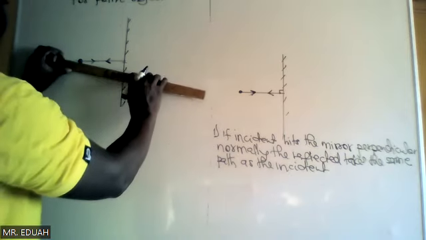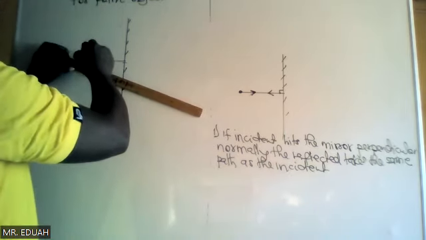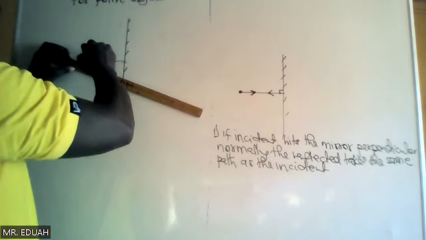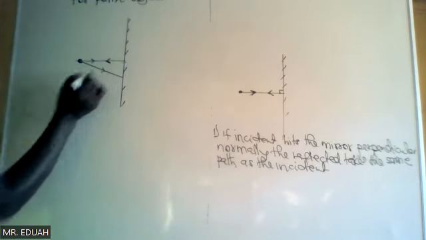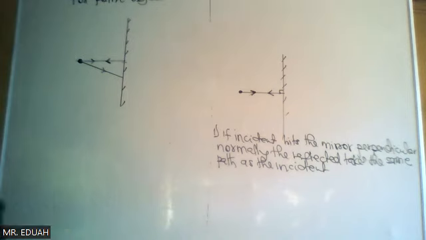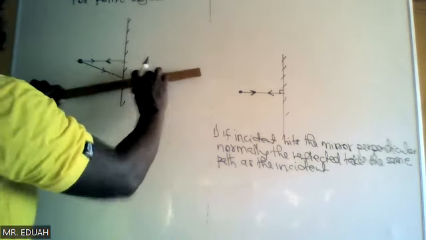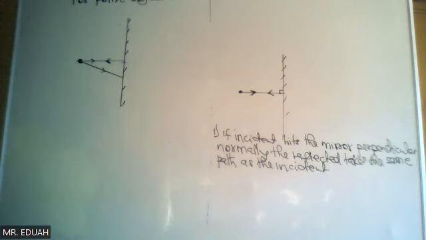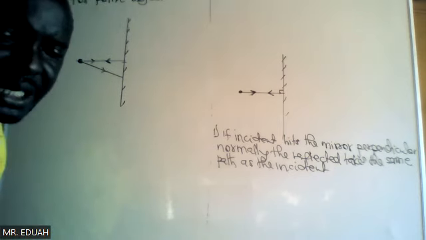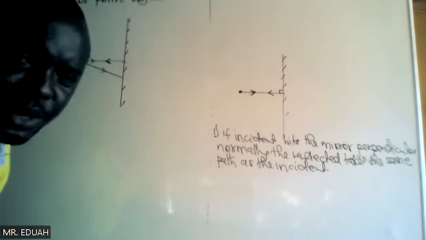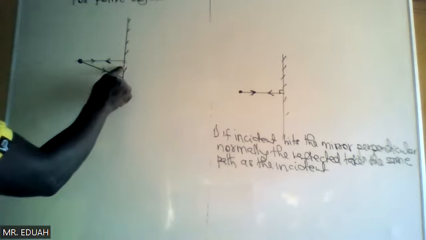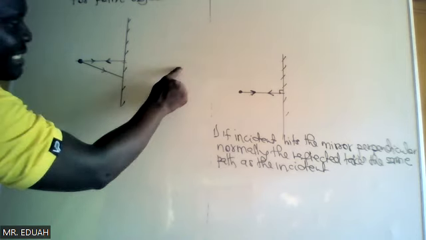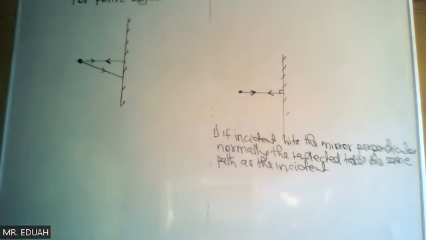So, I draw another ray from the object. Incident ray. Now, to draw the reflected rays, one of the characteristics of images formed in a plane mirror is that object distance and image distance are the same, right?